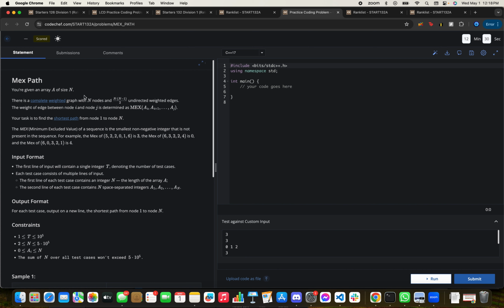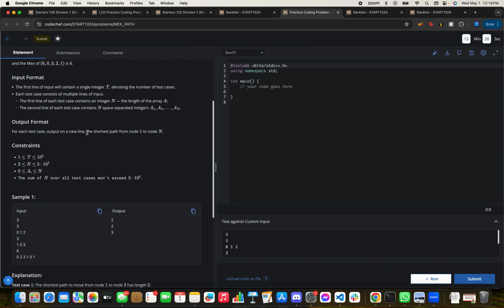Let's think. I guess like you can fix a mex, and then find the set of subarrays that have that. No, doesn't really help.